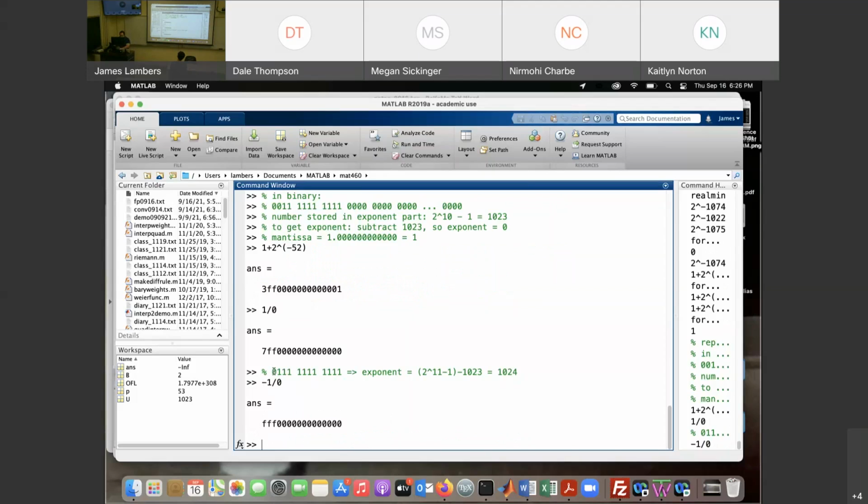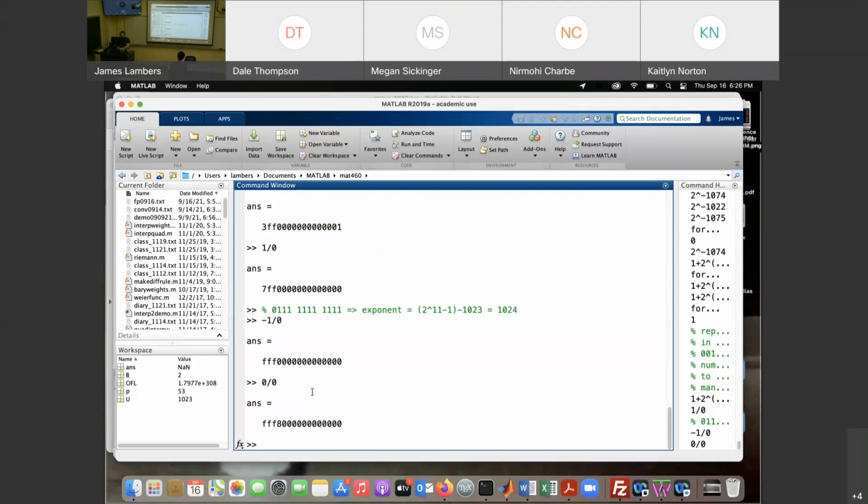And if I do 0 over 0 for not a number, let's see what that looks like. So now we have 1, 1, 1. Oh, no, that's not true. 8 would be 1, 0, 0, 0. So that's a very odd exponent indeed.